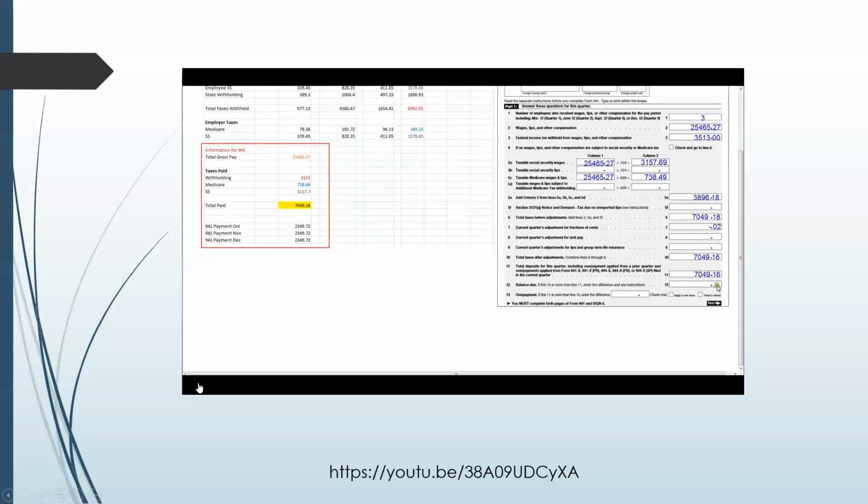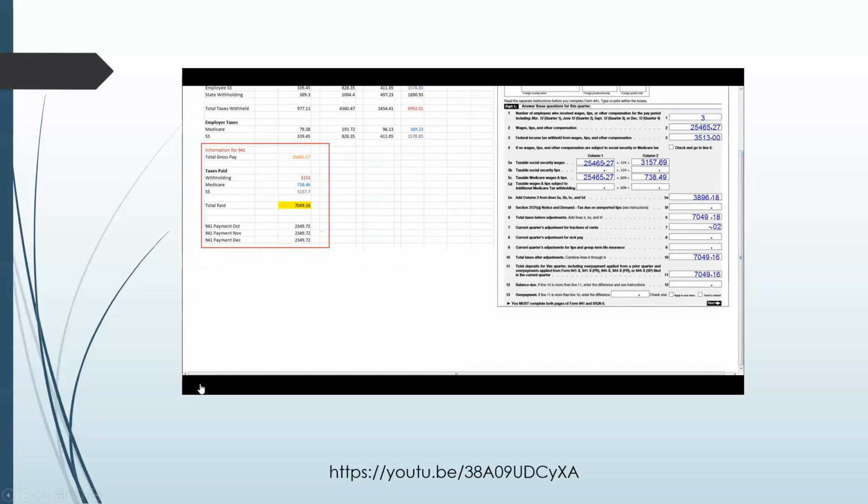If everything's paid and you've paid exactly this much, which is what you owe. If you happen to pay over the amount for some reason, then you can state that overpayment here, and then you can either have it applied to the next return or they'll send you a refund. Okay, so again, yours might be a little different depending on your numbers and depending on your payments, but this is the basis for completing the 941.